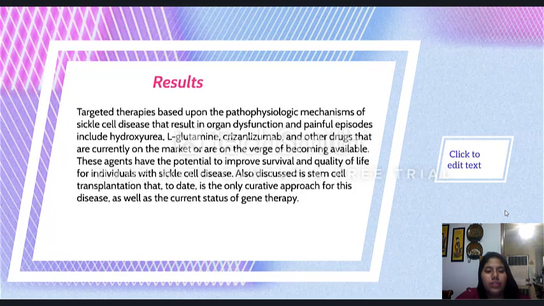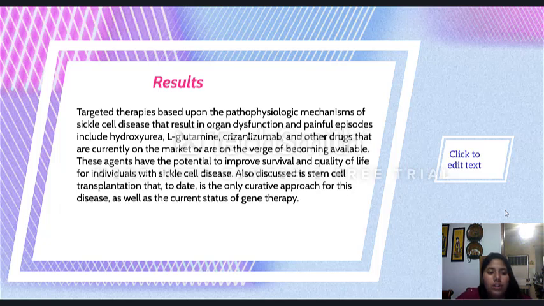Results. Targeted therapy based on the pathologic mechanisms of sickle cell disease that result in organ dysfunction and painful episodes includes hydroxyurea and L-glutamine, crizanlizumab, and other drugs that are currently on the market or are on the verge of becoming available.